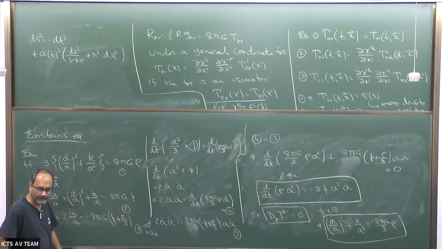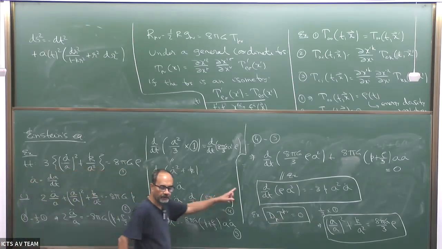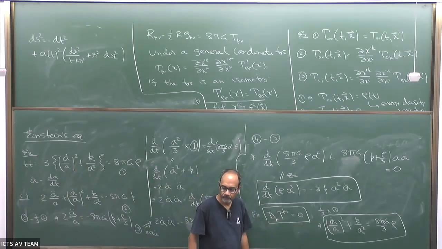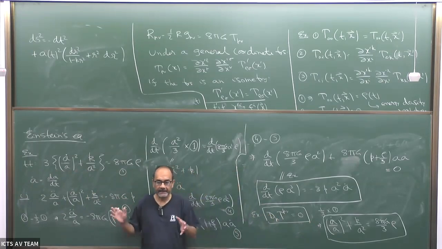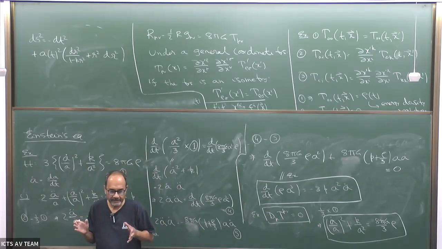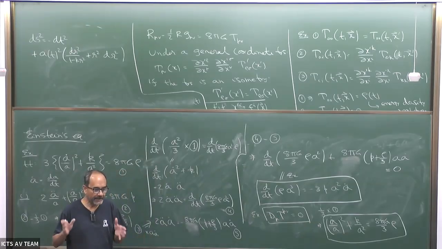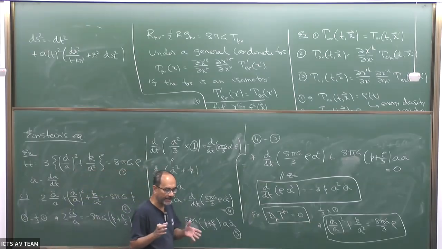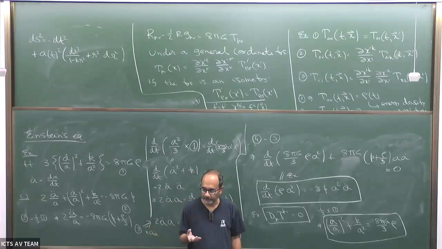So you don't have any other equation; you have exhausted Einstein's equation by getting these two. Is that clear? So we need a third equation somehow. This third equation is what is called the equation of state, and that requires knowing what kind of matter you have.